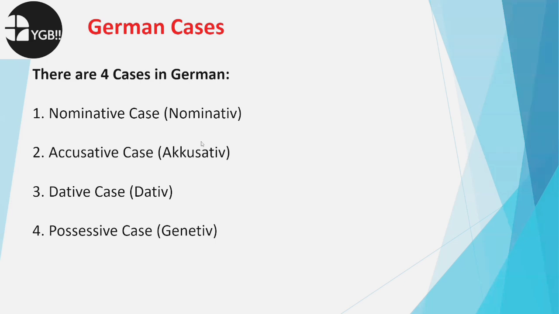What is the accusative case? What is the dative case? What is the possessive case? Understanding the case is very, very important to use the right article, because learning German articles is a little complex, but if you practice daily, it is easy. The more you practice, the better you understand.